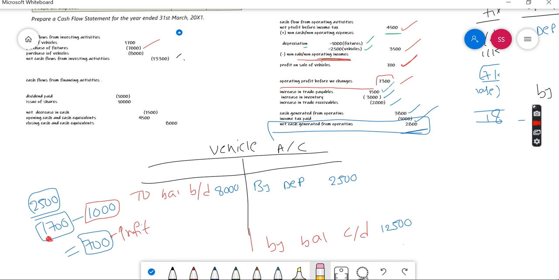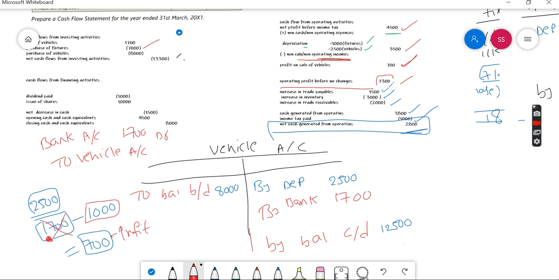Bank account, 1,700 we are getting, so bank account debit to vehicle account. So in vehicle account, by bank 1,700. Alright, okay, so it's done.